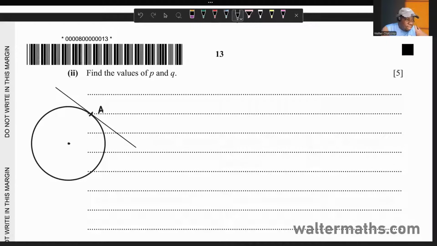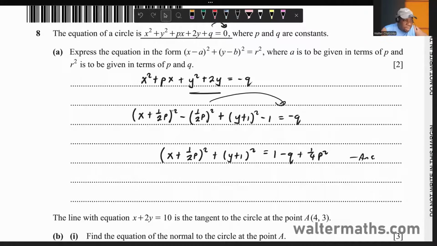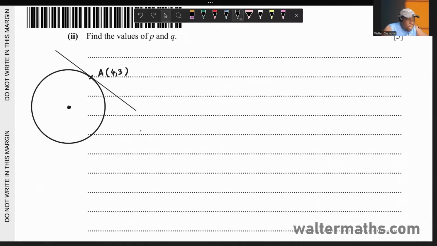First of all, the point A has coordinates (4, 3) as given, and the coordinates of the center will be (−½p, −1). Let's call the center C.